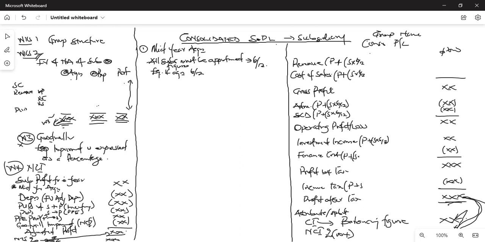All of the figures have to be multiplied by 6/12. The tax too is multiplied by 6/12. All the figures.